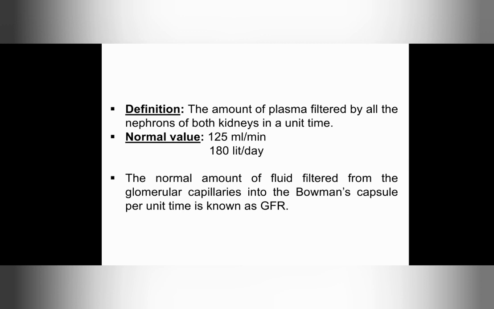What is the normal value? The normal value is 125 ml per minute or 180 liter per day. If you multiply 125 ml by the minutes in a day, you will get about 180 liter per day.